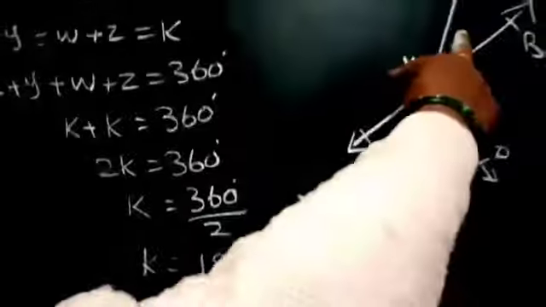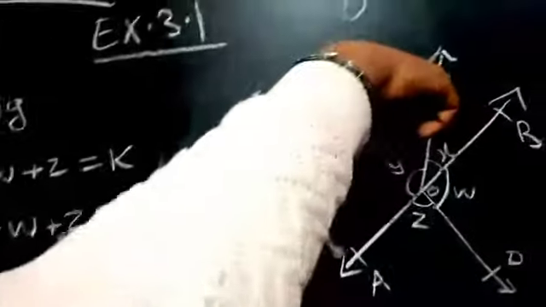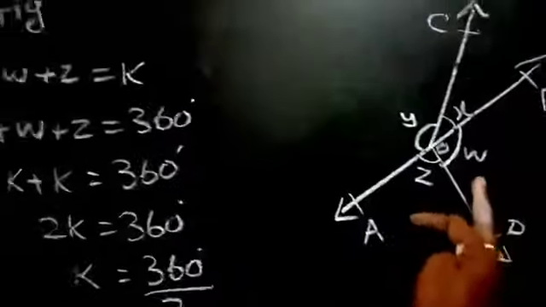This fourth question, in this figure x plus y is equal to w plus z. Then we have to prove AOB is a straight line.